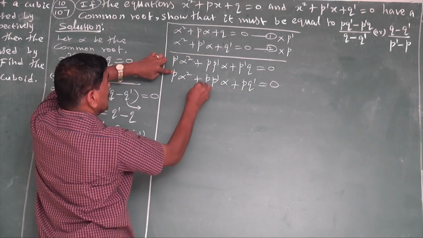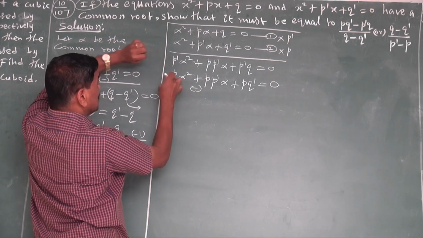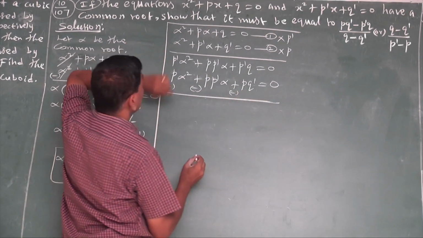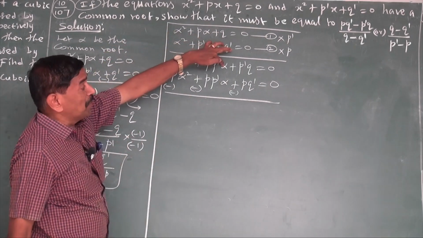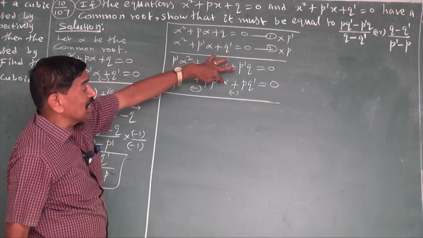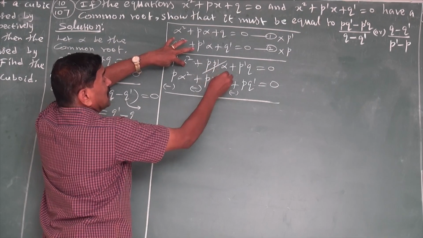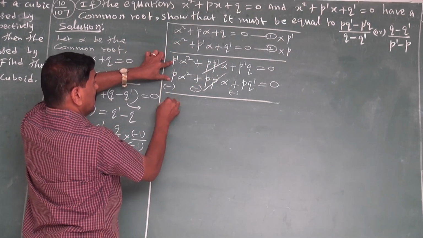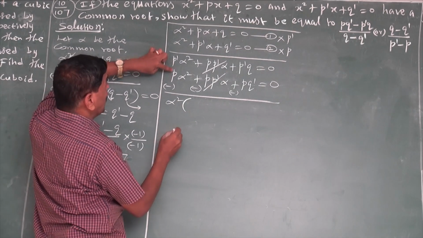Now the second equation changes sign. In the center, p dash p alpha positive and negative cancel. Here alpha square is common: alpha square into (p dash minus p).